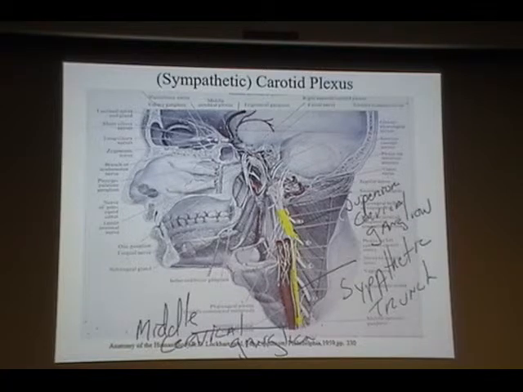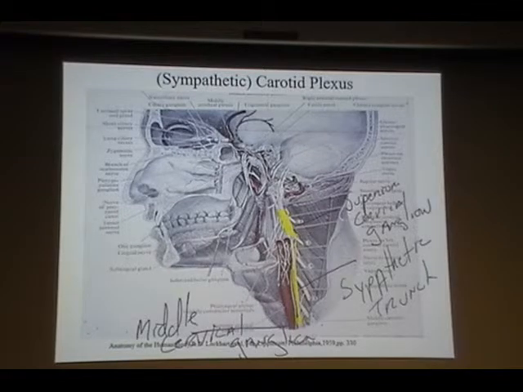So some of them ascend quite a distance up into here. T1 to T5, everything here in yellow, these are the preganglionic pathways. Everything that is coming out of here are the postganglionic fibers that are going to the effector organs that are going to be innervated.